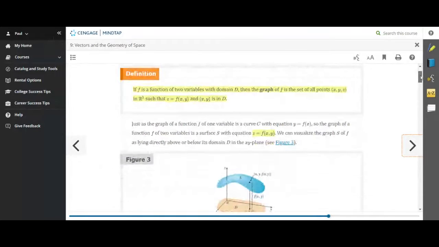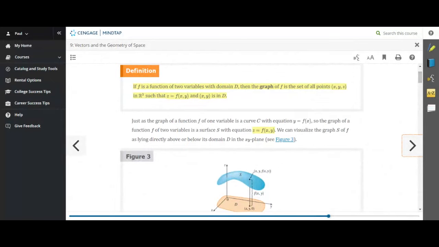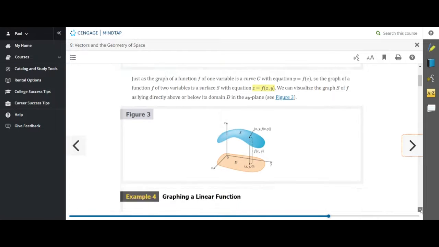So, if you have a function of two variables, then you can set z equal to f of x, y, and so you can graph the values of the function using z coordinates, and that's what you see here in figure 3.